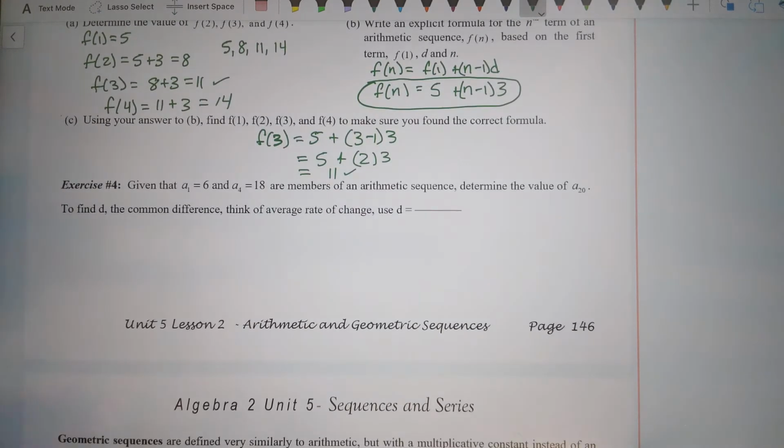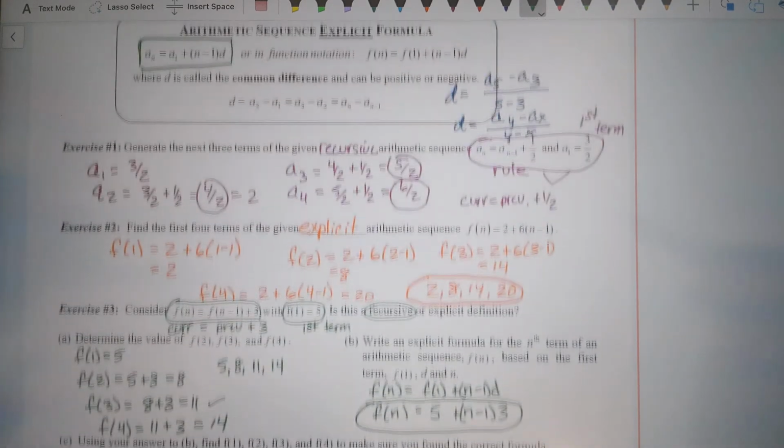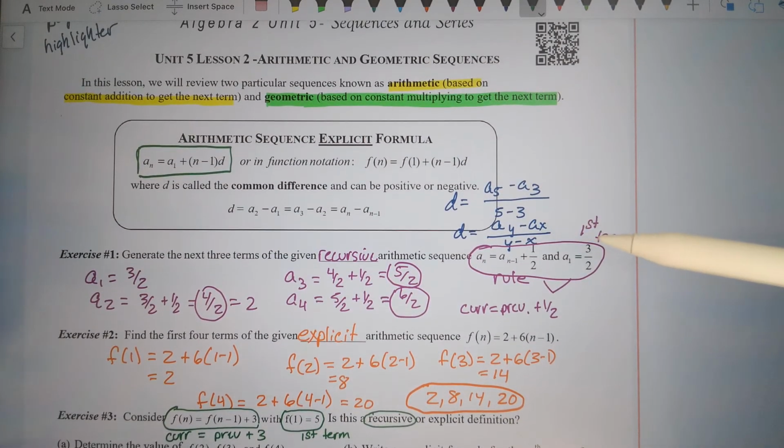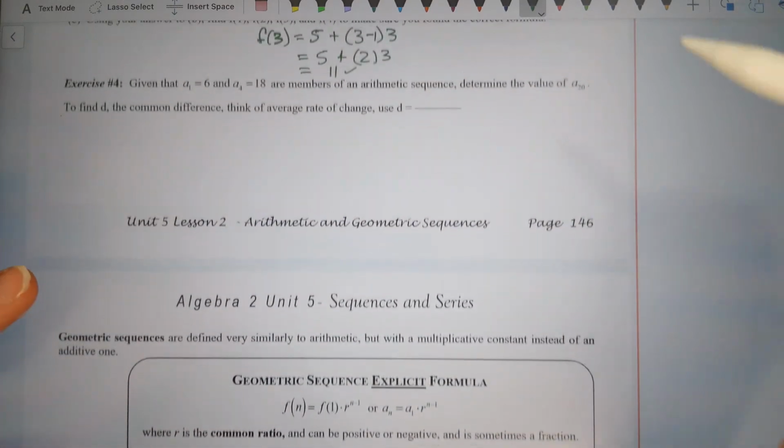Exercise number 4. Given that a sub 1 equals 6 and a sub 4 equals 18 are members of an arithmetic sequence, determine the value of a sub 20. Okay, so to find D, the common difference, think of average rate of change. So this is what I kind of mentioned above, what happens when you don't have consecutive terms in your sequence.